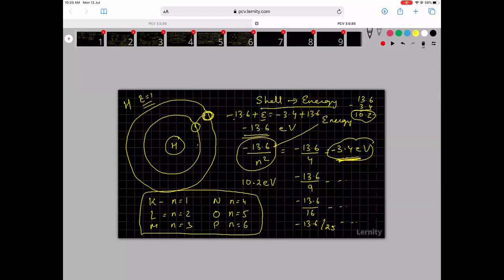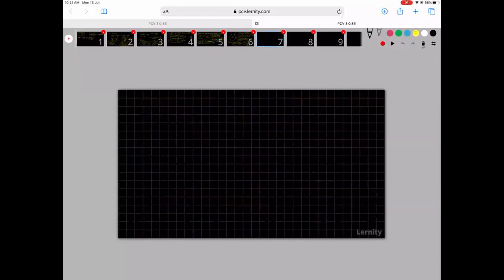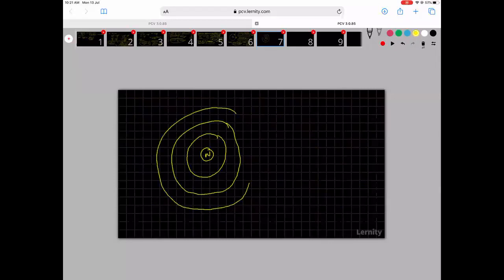From the ground state, its energy is minus 13.6. Now you gave some energy so that it went to the second shell. Second shell is basically energy is minus 3.4. So each of these values is not the energy that you are giving. Each of these values is the final energy in the particular shell. So all that I'm trying to say is that in hydrogen, if this is the nucleus, there is the first shell, there is the second shell, there is a third shell, and there can be infinite number of shells.